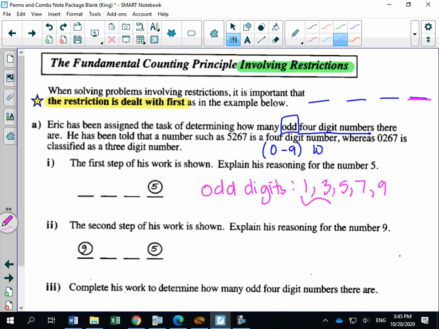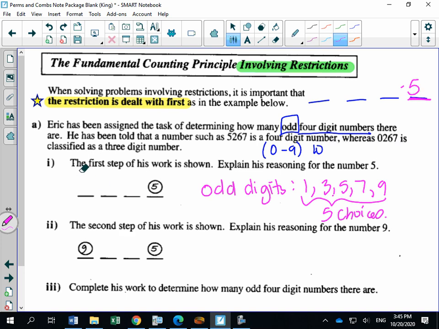So odd numbers have 1, 2, 3, 4, 5 possible choices. So this last stage, if he wants it to be an odd number, could only be 5 possible choices.